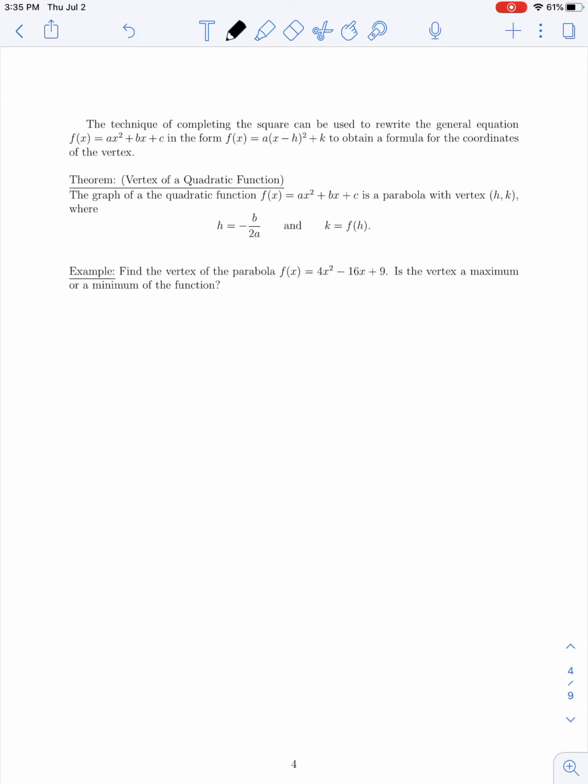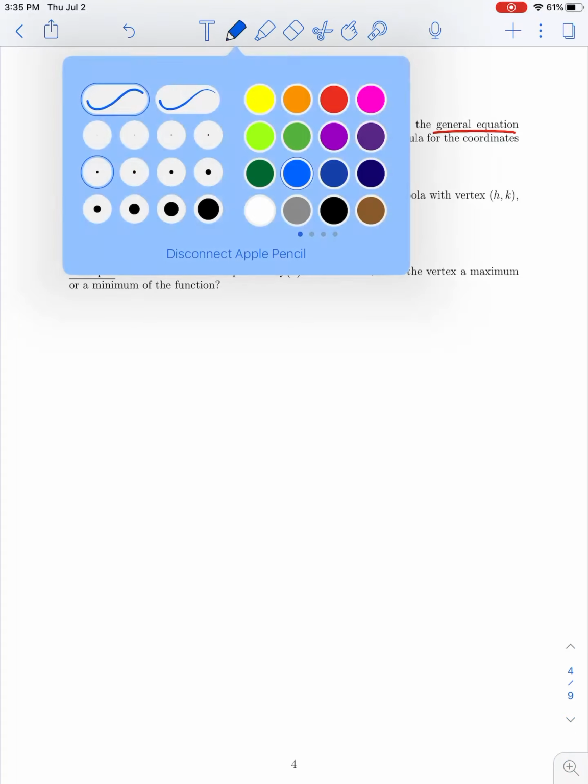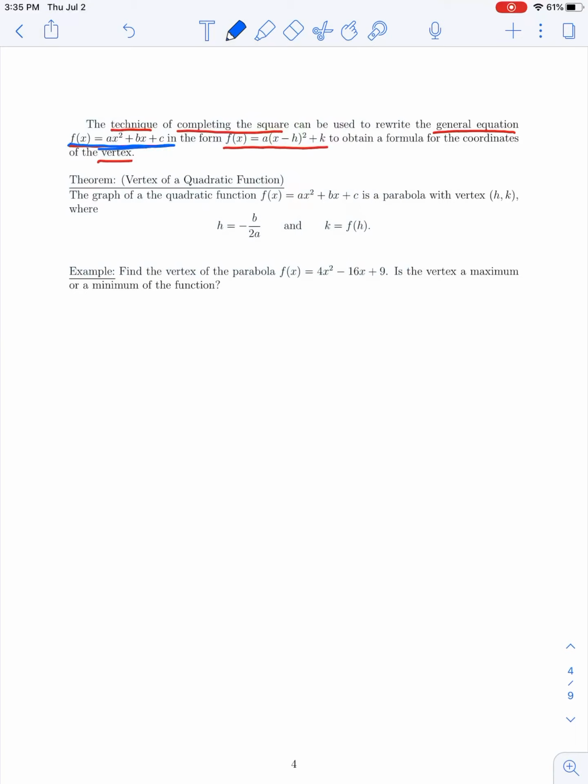So in general, we could use this technique of completing the square to rewrite the general equation for a quadratic function, that is something of the form ax squared plus bx plus c, in the form a times x minus h quantity squared plus k, and get a formula for the coordinates of the vertex directly from the equation for the quadratic function in terms of a, b, and c.